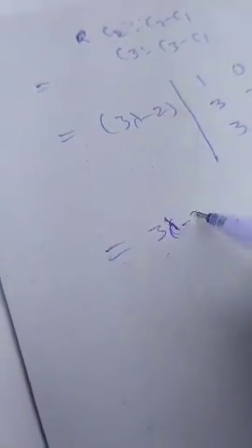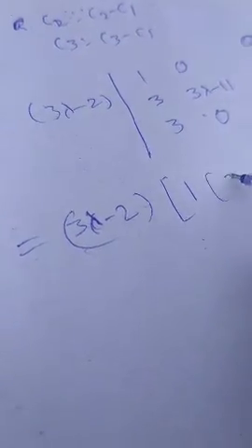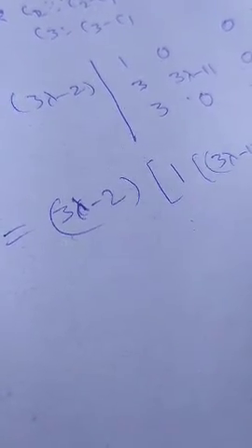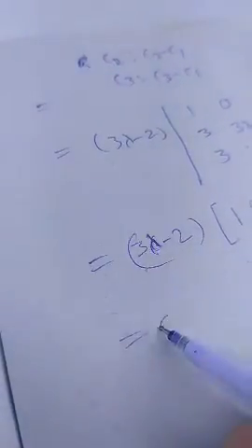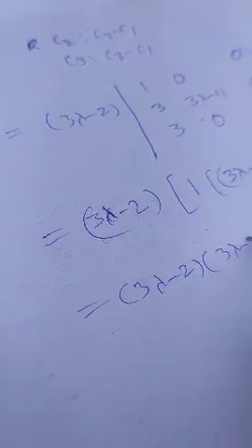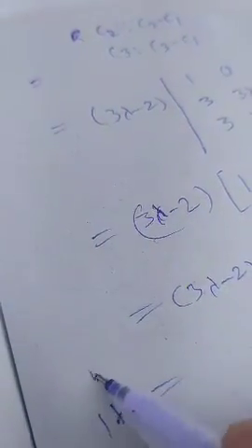Now find the determinant: 3 lambda minus 2 into (3 lambda minus 11) into (3 lambda minus 11), the remaining elements being 0. So det is 3 lambda minus 2 into (3 lambda minus 11) whole square, and we know that det is equal to 0.